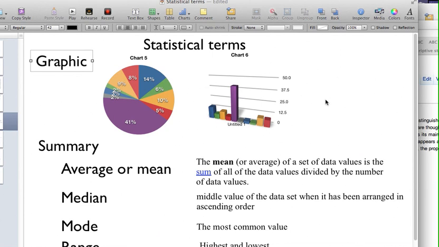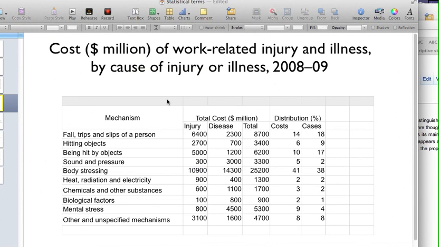Okay. In the summary statistics, what we do is we take the detailed statistics that we've got here, and we actually summarize those in such a way that we talk about all injury over a period of this year of 2008-9, or we could talk about all diseases.